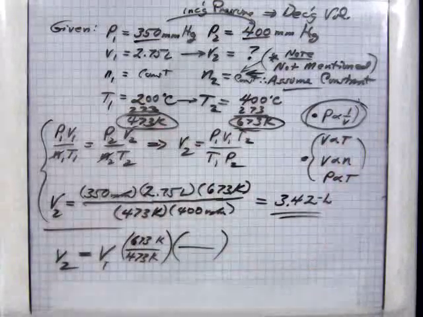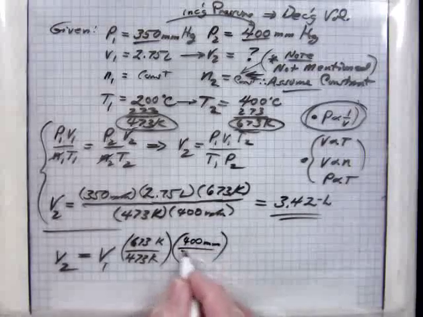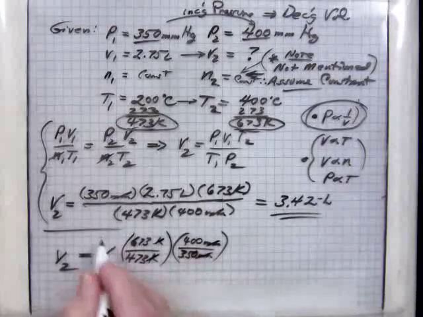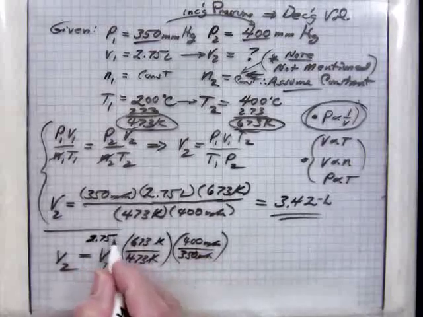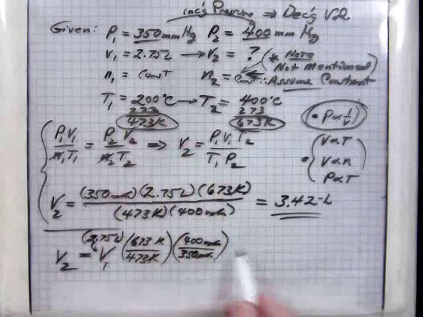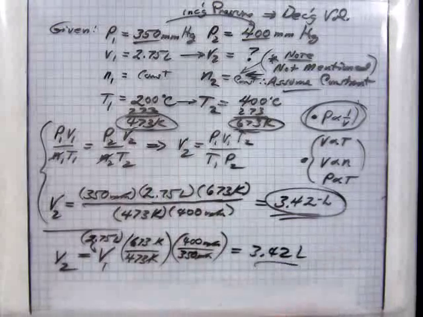That's the question you ask yourself. And obviously it's 400 millimeters over 350 millimeters. Millimeters drop out. All I need is the 2.75 liters here. And you check it, and it's 3.42 liters at the end of it.